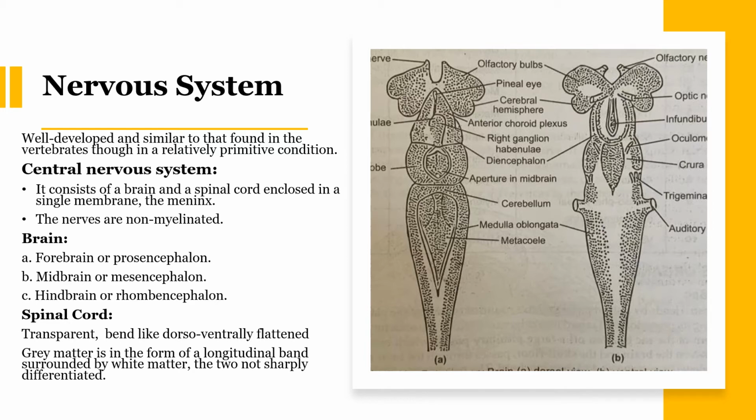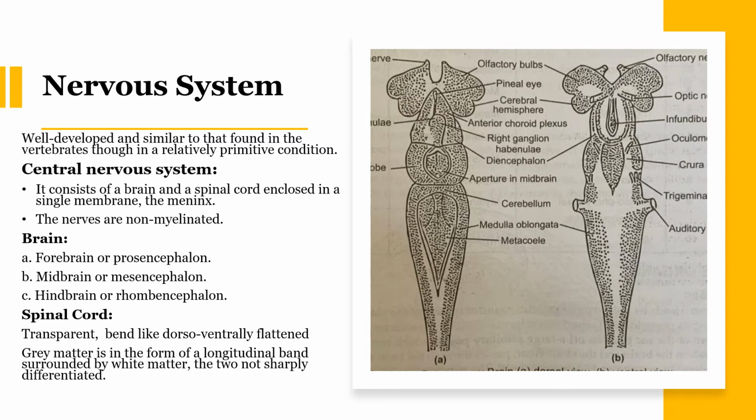So the midbrain consists of a pair of optic lobes and the choroid plexus. The optic nerves differ from those of higher vertebrates in that a chiasma, or intercrossing of fibers between the nerves of the right and left side, is not very well developed in Petromyzon.